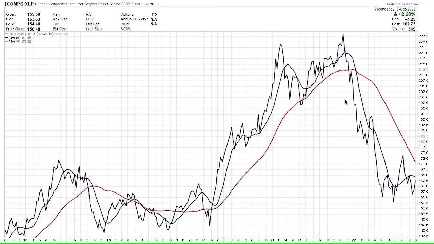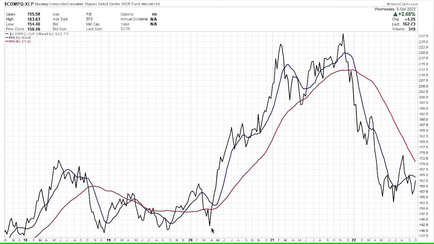Aggression index, I am kind of seeing some optimism here. Now, remember with the aggression index, it's a ratio where we're comparing technology stocks to consumer staples, things like Campbell's soup. So you can see here, before the pandemic, it came down and then we got back above that lower moving average, which is the 10 week.